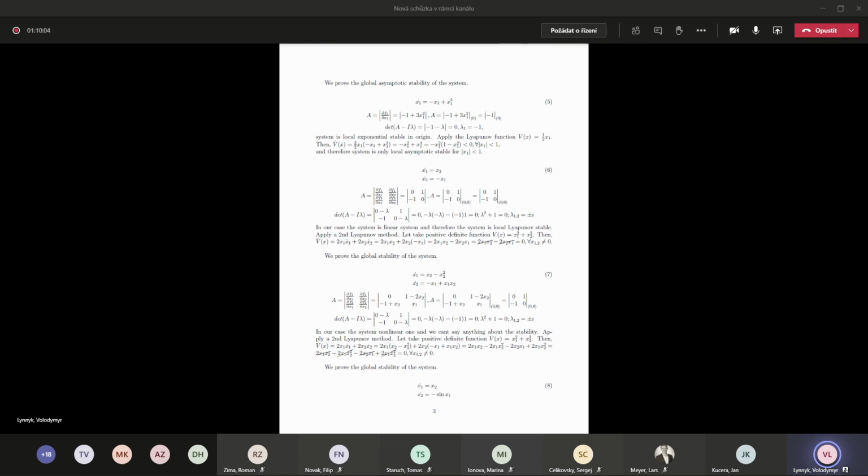If the real part is positive, for example one eigenvalue positive, one negative, it is a saddle point, and then we can say this system is unstable at this point, and therefore we need to apply the second Lyapunov method.